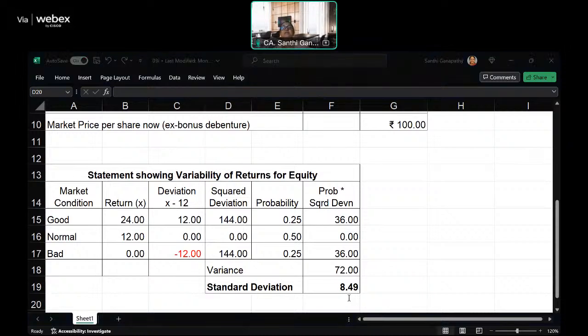When you look at debentures, it gives you a 10% return, but there is no variability. So, if you do not want any variability, you get a 10% return. If you are okay with variability of 8.49, you get a 12% return. What you want depends on what is the asset allocation, whether a rebalancing is required now, all those things. So whether to accept the buyback offer or not depends on whether the portfolio requires some rebalancing.